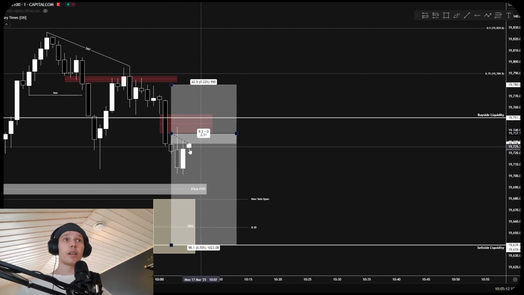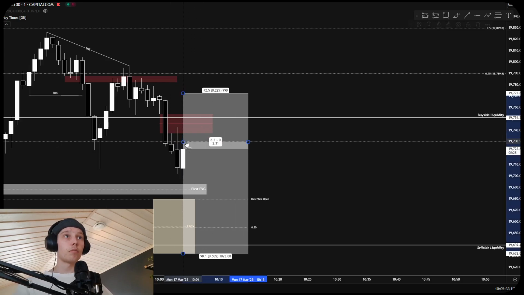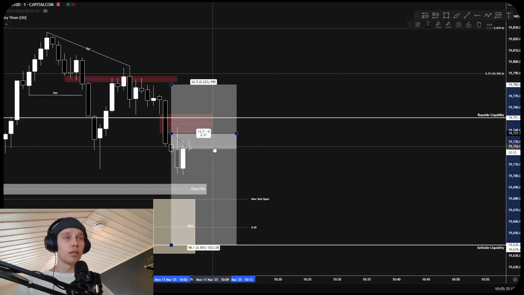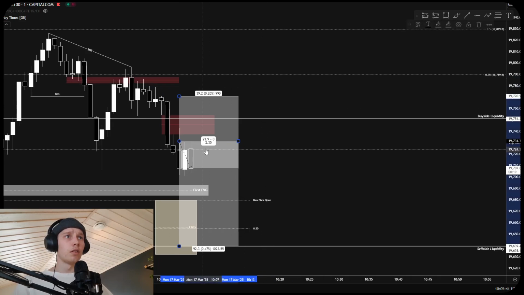Now we come back to this area. There is a chance that I could actually add to the position. Okay, I added very small amounts at around here, so average fill is around here, and my stop is around here.